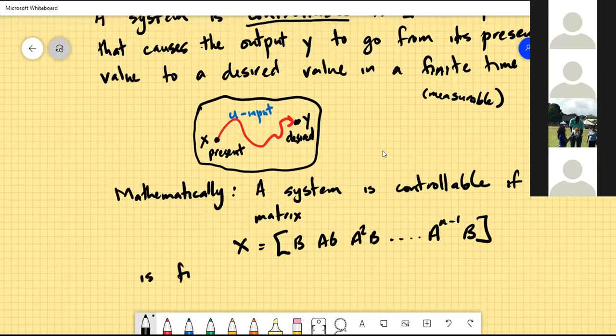The test is whether this matrix is full rank. Of course, when I was in math class, nobody ever explained to me what that means, a matrix with full rank.